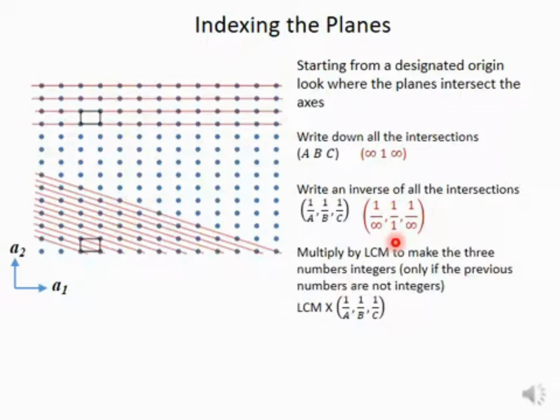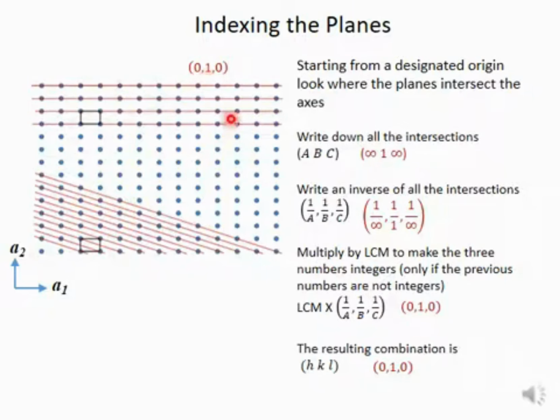Once you take the intercepts, you get some numbers, and you multiply those by the least common multiple, LCM. But here you have three integers, 0, 1 and 0, so you don't have any fraction. This combination of three numbers is already your Miller indices.